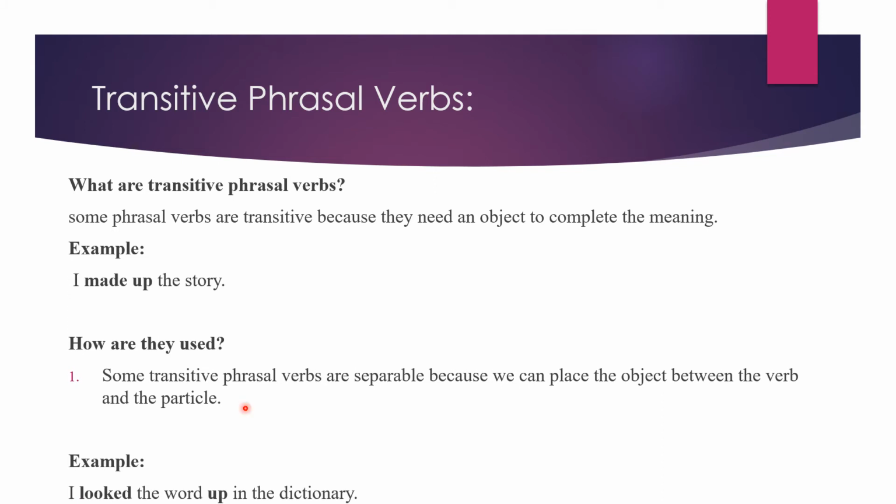For example, I looked the word up in the dictionary. So look up means to search. This is a separable phrasal verb. Why? Because we can put the object between the verb looked and up.